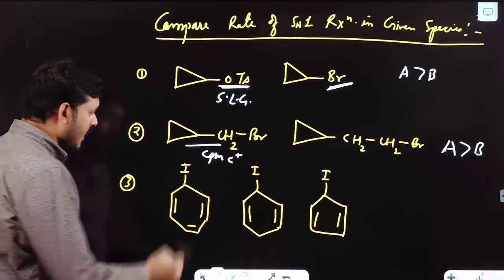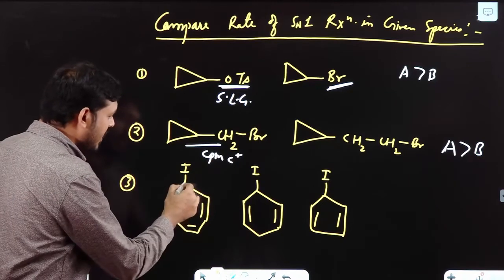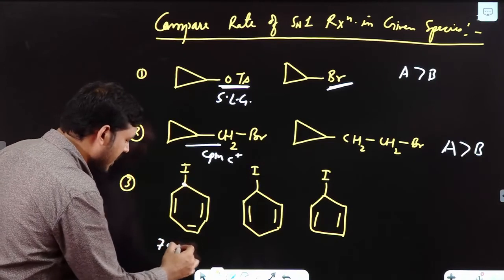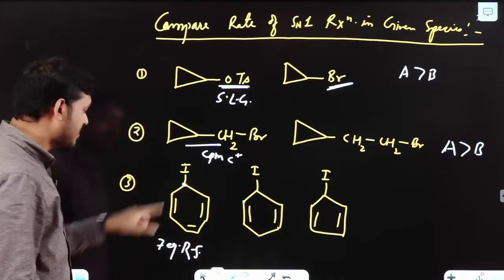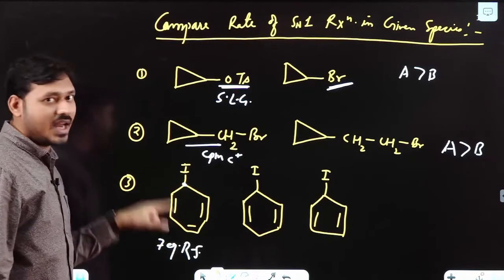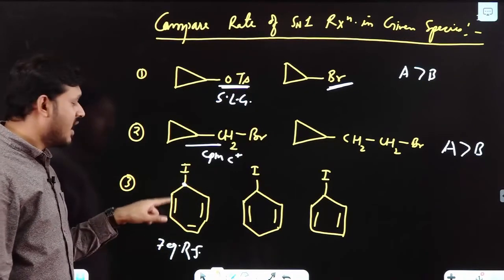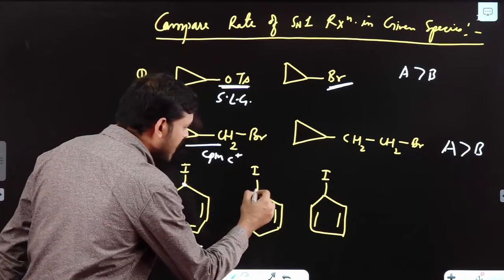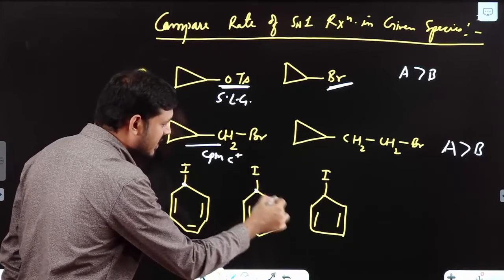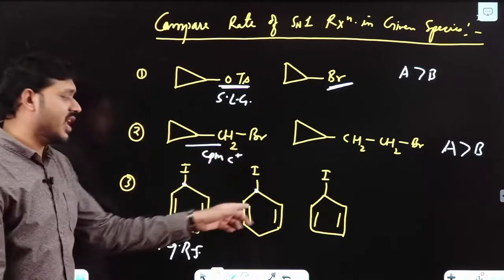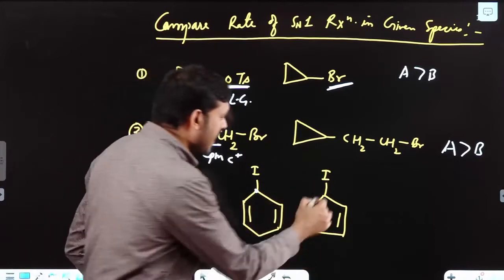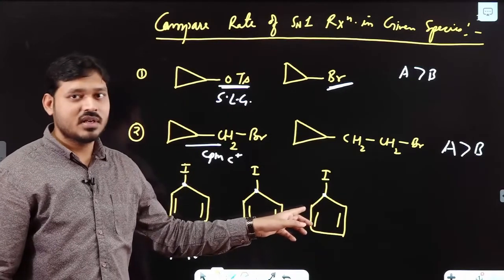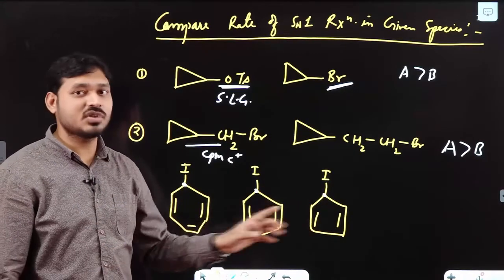Now check this one. If this iodide is liberated, then you will get this plus charge, and if you remember, this forms 7 equivalent resonating structures. This plus charge will have delocalization over the entire ring with 6 pi electrons. It is cyclic and all atoms will be planar in the carbocation generated. Now in this one, when I minus is liberated, the plus charge has resonance this side as well as this side, but it is non-aromatic. In this one, if I minus is liberated, it will have complete resonance in the entire ring with 4 pi electrons, cyclic, planar, but 4 pi electrons, so it is anti-aromatic.